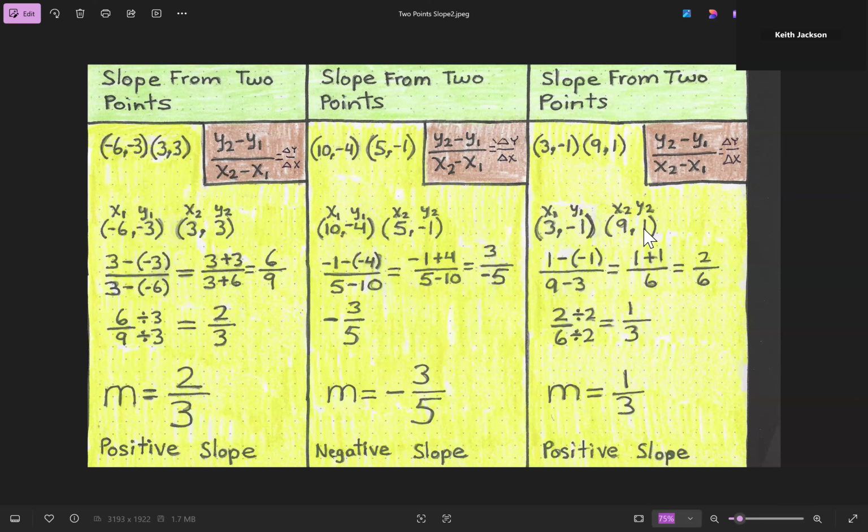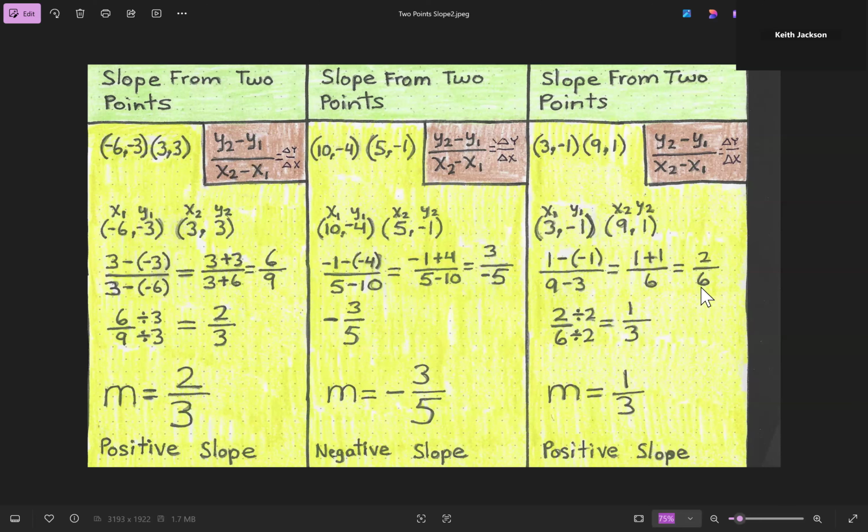And we know that we have a 1 minus a -1 again right here. Notice that. And then we have a 9 minus 3. The denominator is a little bit simpler to calculate. And so we have this 1 minus a -1, which is really a 1 plus 1, and that will give us 2. And of course, 9 minus 3 will give us 6.